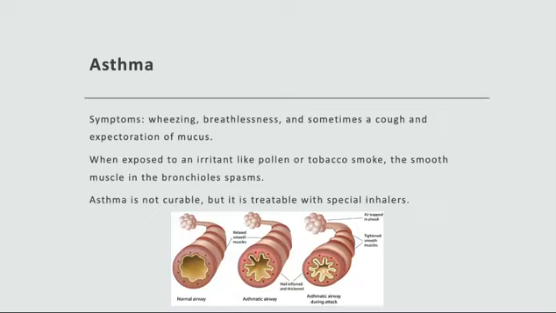And this usually is going to occur when we're exposed to an irritant such as pollen or tobacco smoke, and the smooth muscles within our bronchi or bronchioles are going to contract and relax, causing a spasm to take place. Unfortunately, asthma is not curable, but it is treatable with special inhalers such as albuterol.